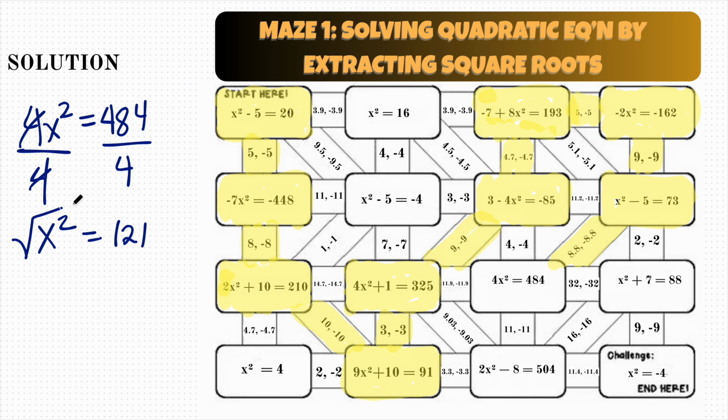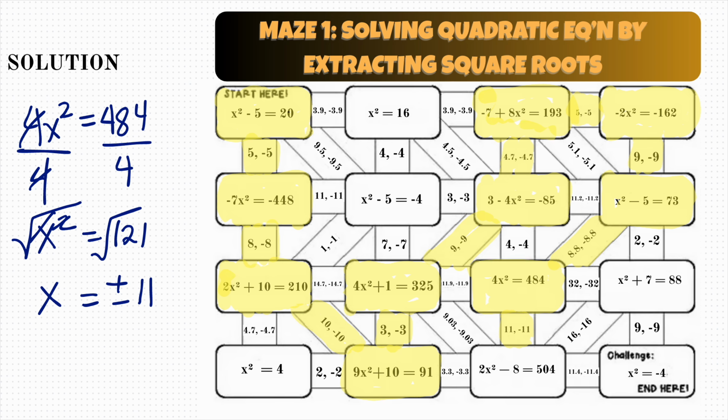And then the square root of both sides: x equals positive or negative square root of 121, which is 11, because 11 times 11 is 121. So the answer would be positive or negative 11. I'm going to shade this one. And finally, this is our final answer.